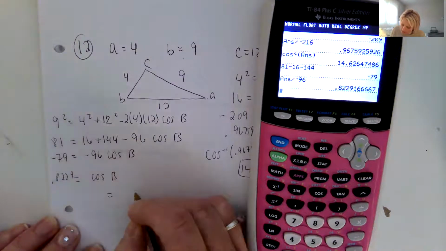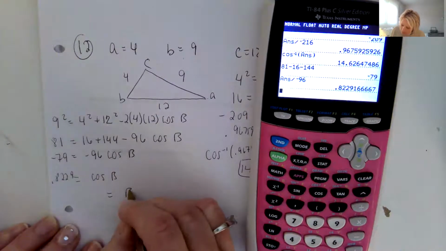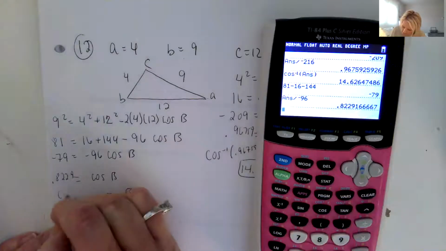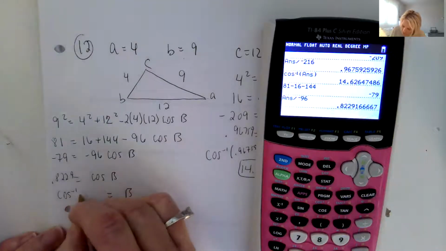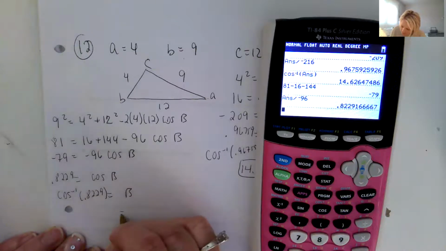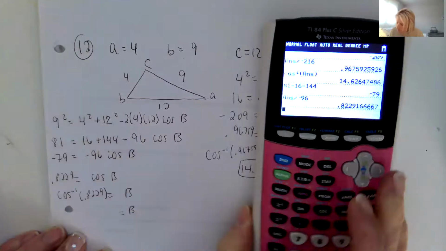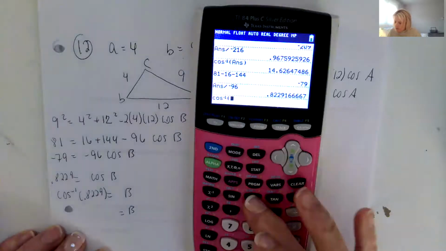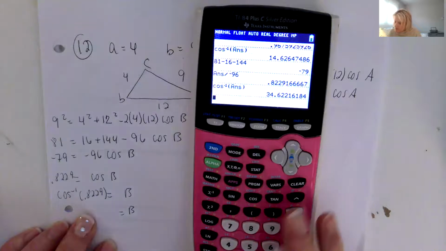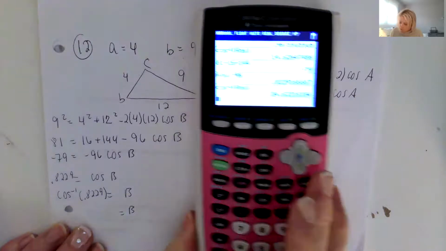And using the inverse cosine, B is equal to the arc cosine of 0.8229. So inverse cosine of the previous answer is 34.6222.